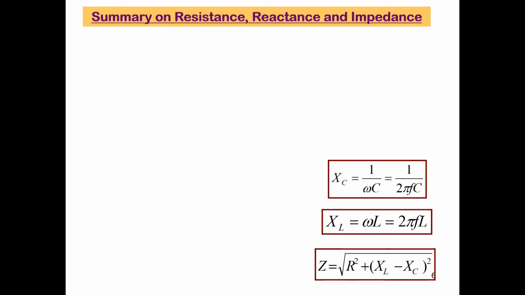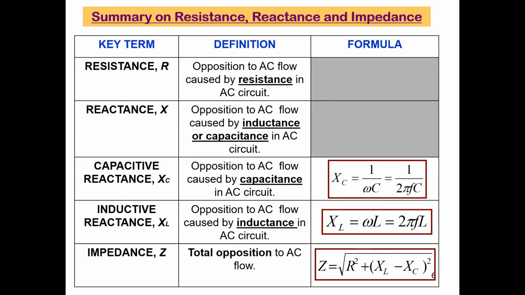Now let's have a look at the summary on resistance, reactance and impedance. First, the definition of resistance. The symbol is R. I think all of you are already familiar with resistance, right? What is the definition? It is an opposition to alternating current flow caused by a resistor in an AC circuit.